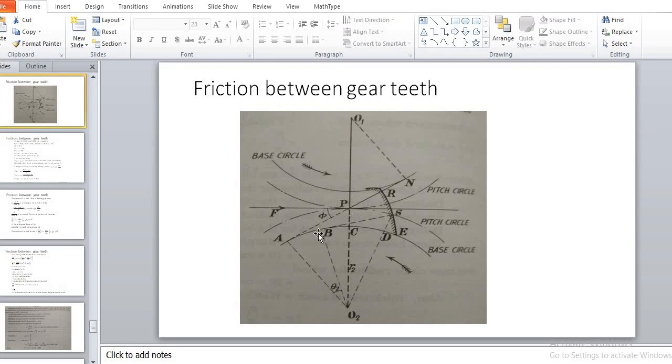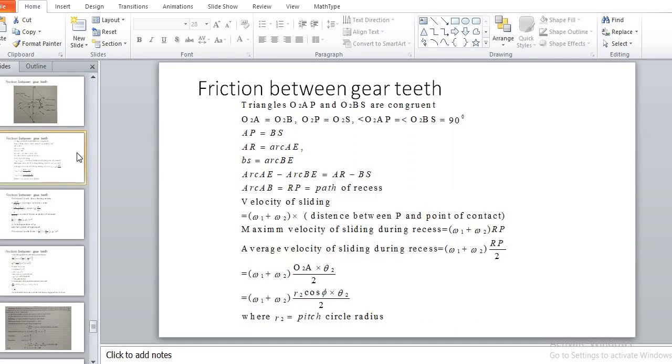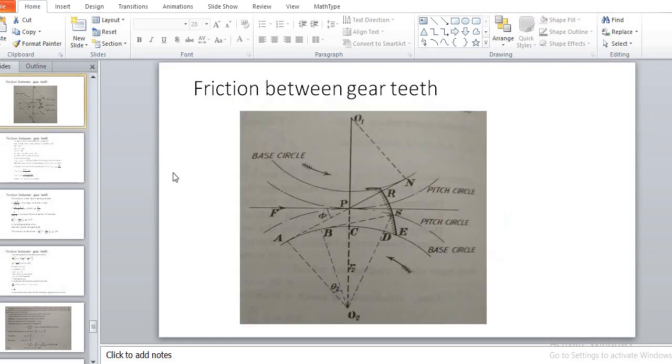This AR length is equal to arc AE, and this length BS is equal to arc BE. So with this consideration, AR is equal to AE and BS is equal to BE.